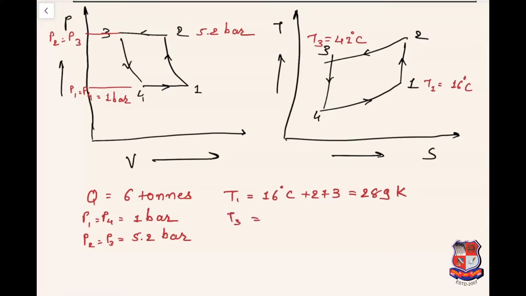T3, that is equal to 41 degrees Celsius plus 273, that is equal to 314 Kelvin. Also gamma is given 1.4 and Cp is given 1.003 kilojoule per kg Kelvin. So these are the data given.